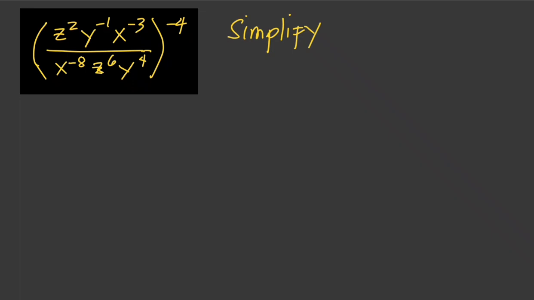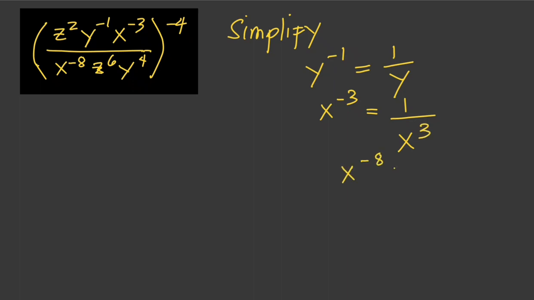So in this case, the y to the -1, from the law of exponents, can be written as 1 over y, or x to the -3 can be written as x to the power 3, and then x to the -8 can be written as 1 over x to the 8.